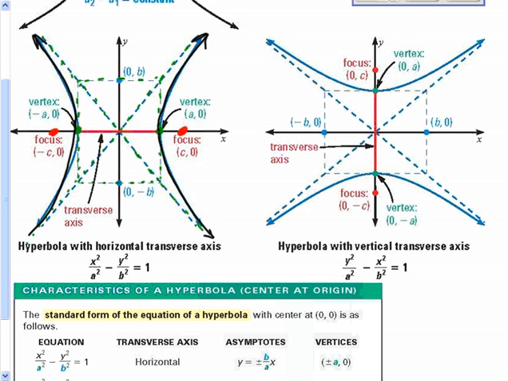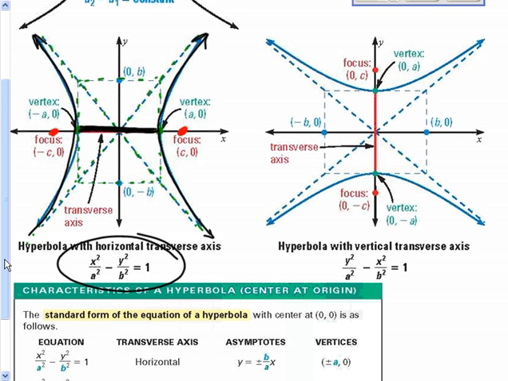So if your hyperbola has a horizontal transverse axis, here's your transverse axis that you can draw, the transverse axis is just between the two vertices. There's your equation, x squared over a squared minus y squared over b squared equals 1.